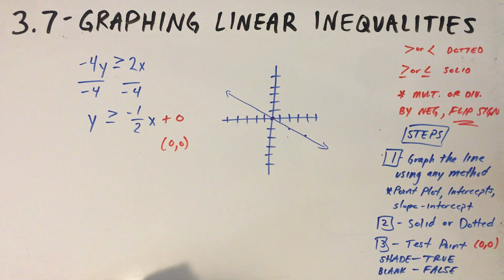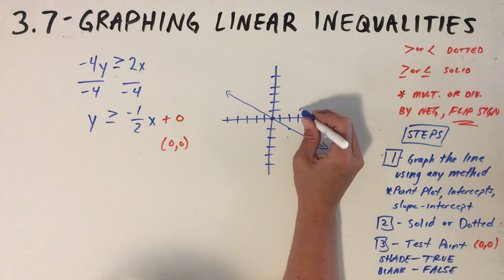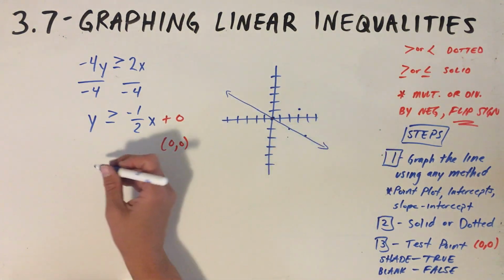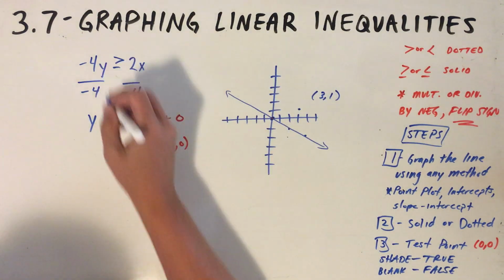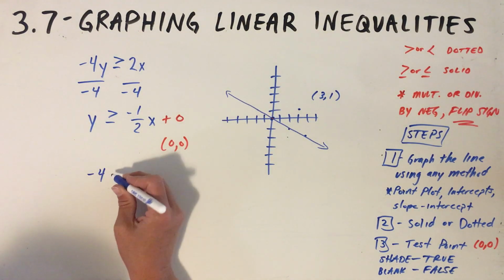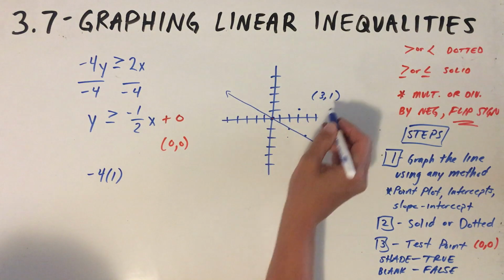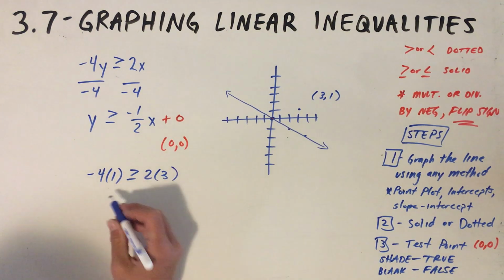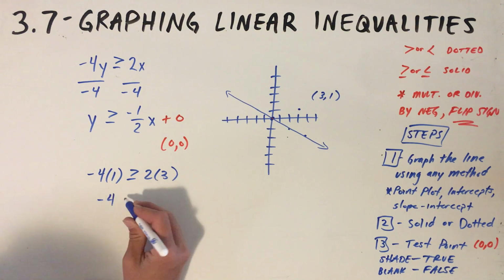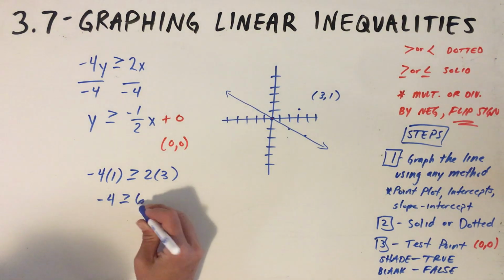We can choose any point we want. I'm going to choose this point right here, the point (3, 1). So I'm going to plug the point (3, 1) into this original inequality. Substitute 1 for y and 3 for x. So I'm going to get that -4 is greater than or equal to 6.